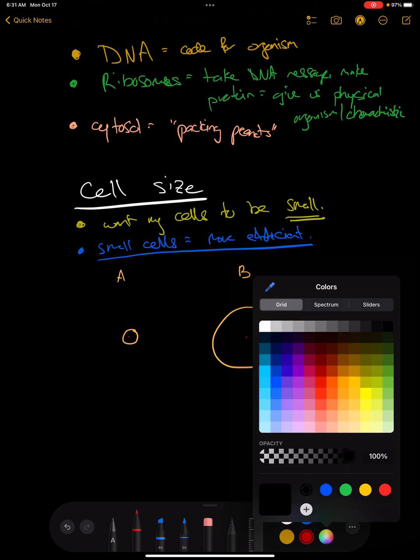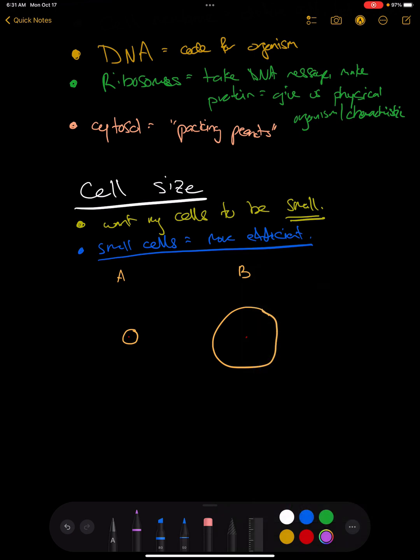So if I have something I need, it has to get to the middle of my cell in order to be processed. You see how this one has a lot less distance to travel than this one? And I don't mean how far away the star is, but from your cell membrane to the center, see how large that is compared to this one?